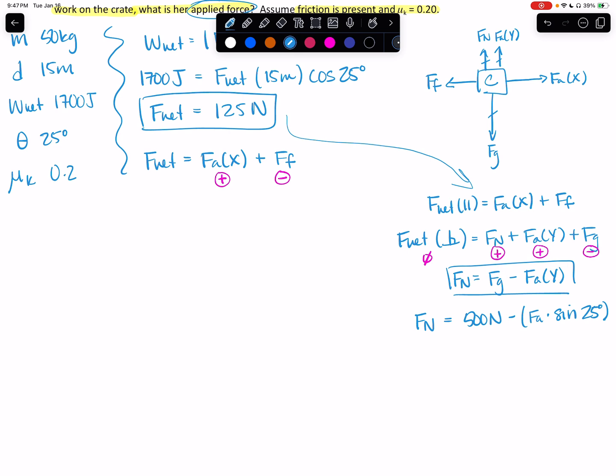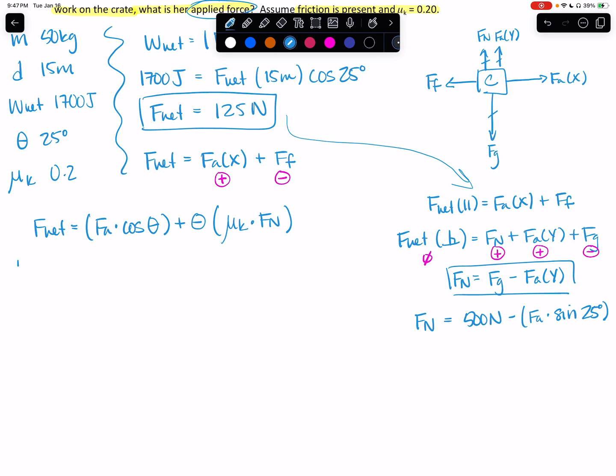All right, so let's expand that formula. I'm going to move down a little bit. So that net force, Fnet, is also the applied force times the cosine of our angle plus negative the kinetic coefficient of friction times that normal force. All right, so now I'm going to plug in numbers.